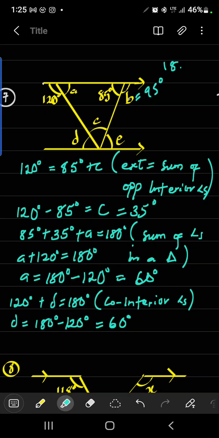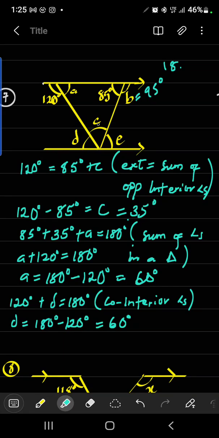And if you use the co-interior angle property, B plus E is what? 180 degrees, co-interior angle, isn't it? And since your B is 95, 180 minus 95 will give you 85. Are we correct? Or if you also want to use another property, you can see that your D is 60 degrees. What is your C? 35 degrees. 60 plus 35 is 95 degrees. And for E, you know that it is angle on a straight line.